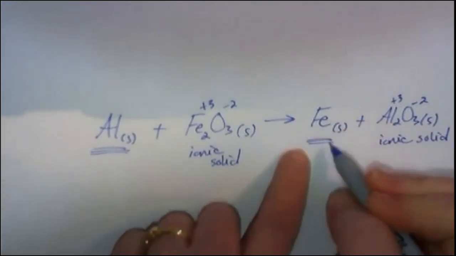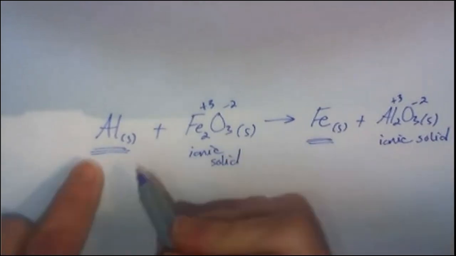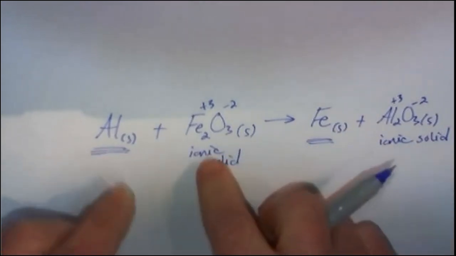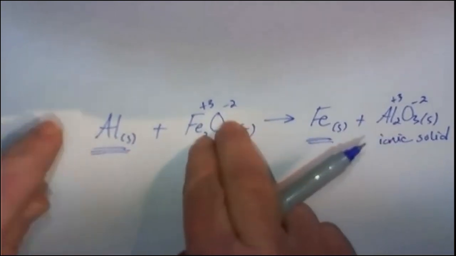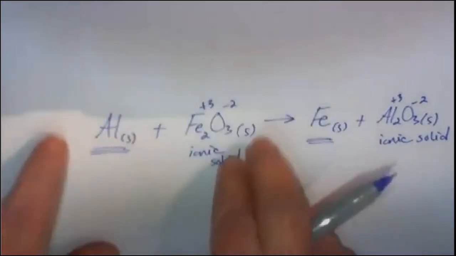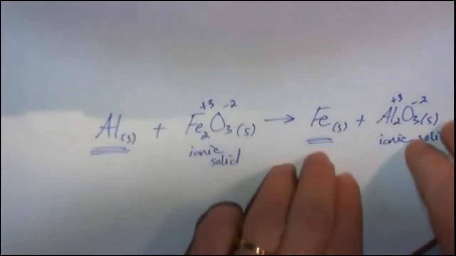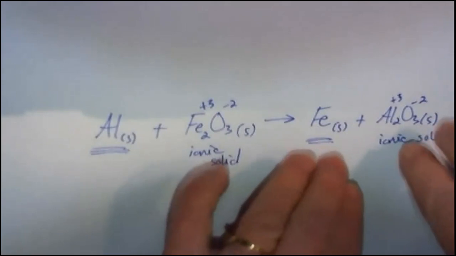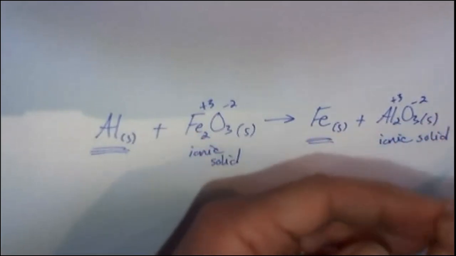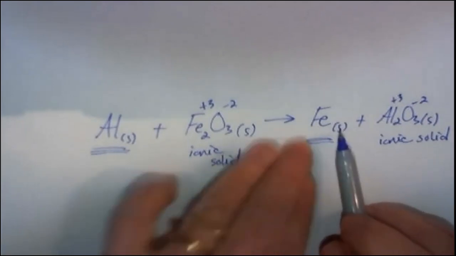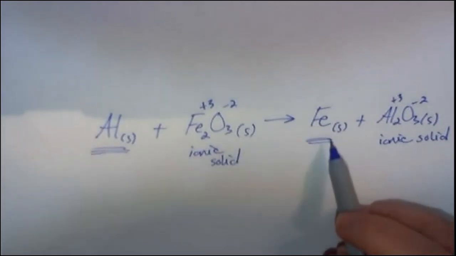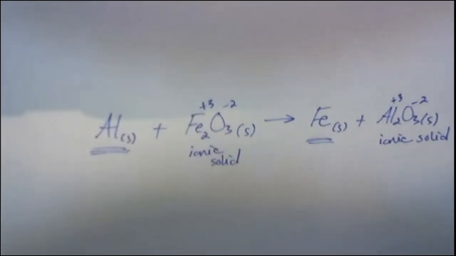Iron is magnetic, more magnetic actually than aluminum is. So in this compound and this, they have their own identity. Then we produce products that have different properties and characteristics. We're making something that's more metallic than we started with. So we are forming new substances.